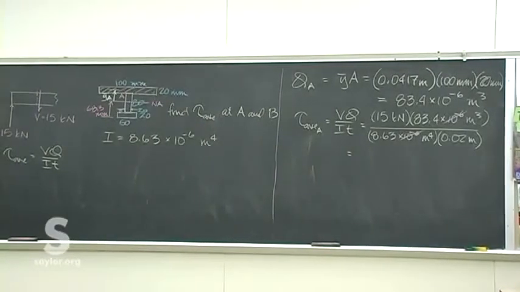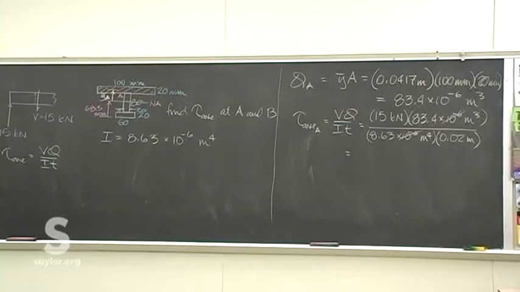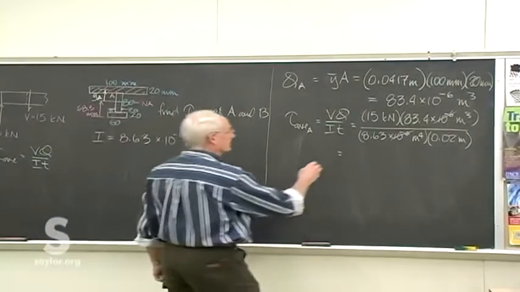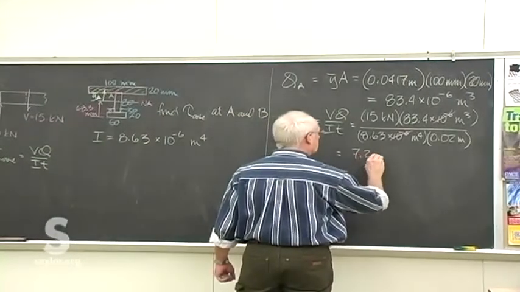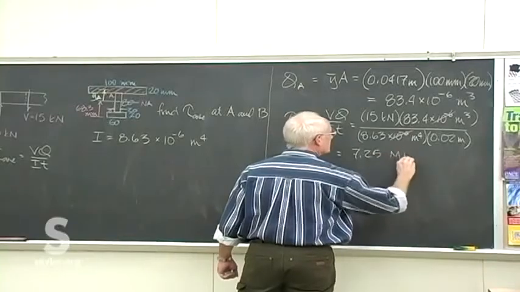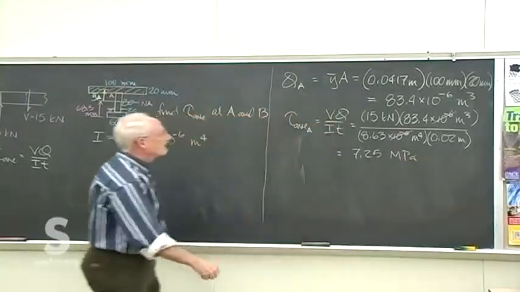And I have written down 725 kilopascals. That's an order of magnitude off from what you have. You have 7.25 megapascals. Okay. Well, it's just multiplication now, whatever it comes out to be.